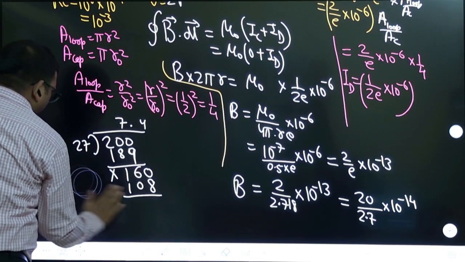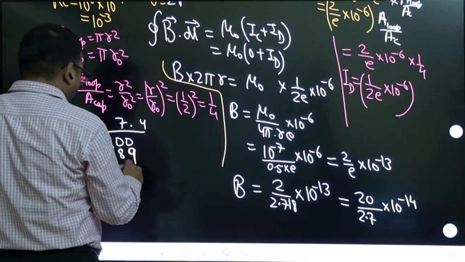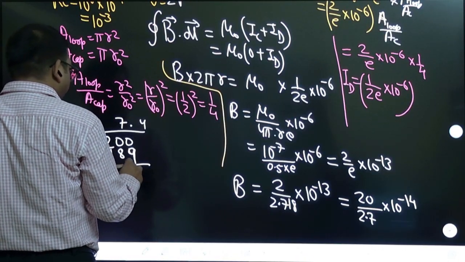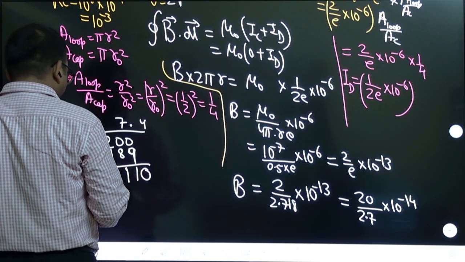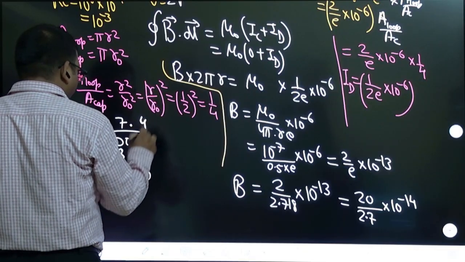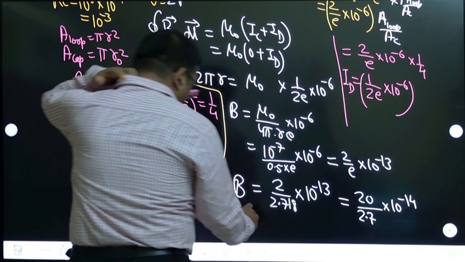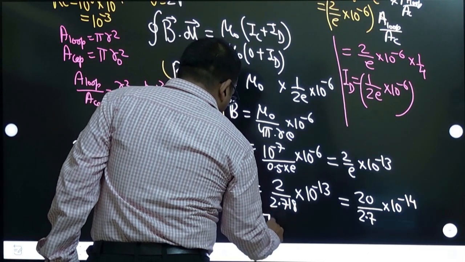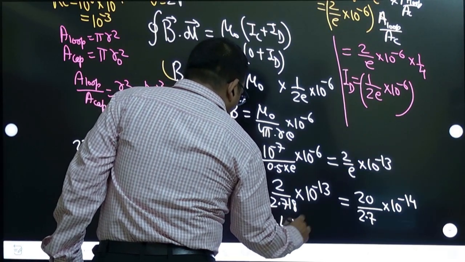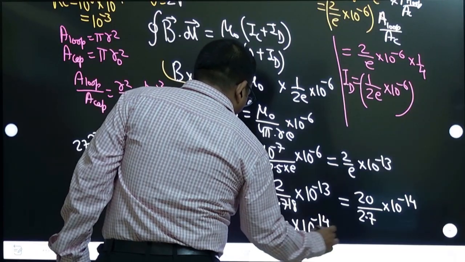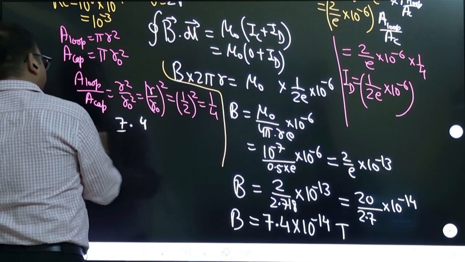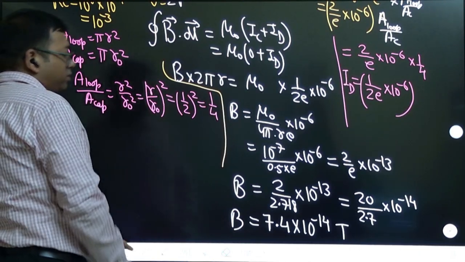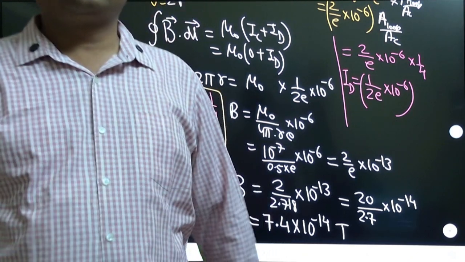Right. Okay. So this is 1, this is 11. An extra factor 10 will come. So then 4 times I will take. Yeah, it will come nearly 7.4. 7.4 into 10 to the power minus 14 Tesla, the unit will be Tesla. Clear? This calculation you can check. I think this is not a very big calculation. Clear? This is the correct answer.